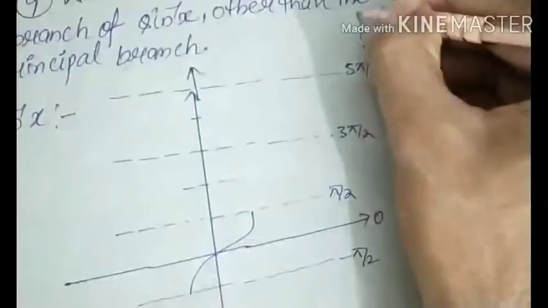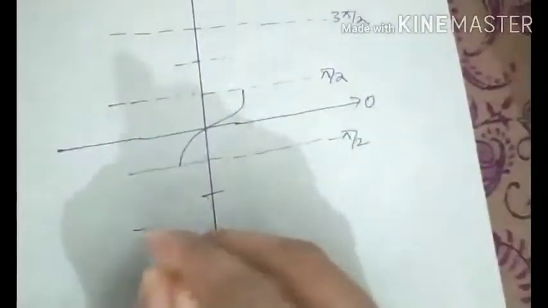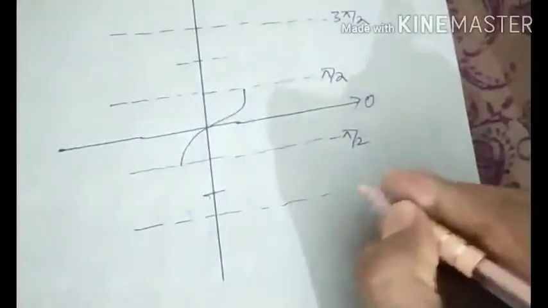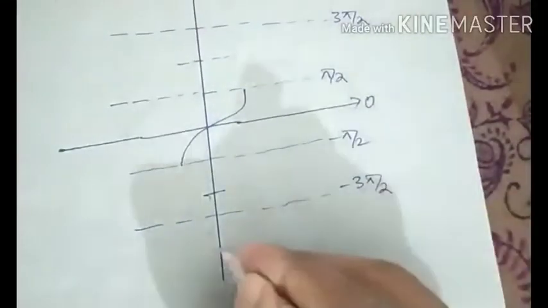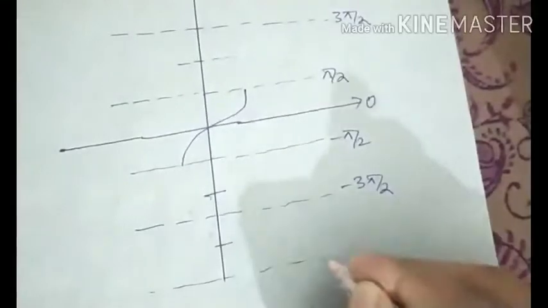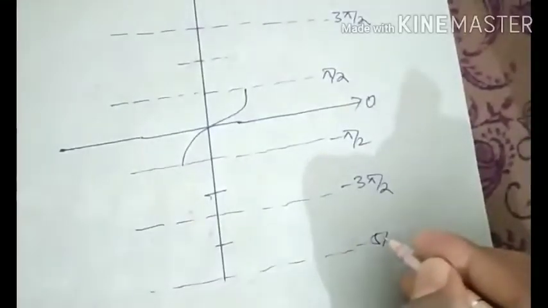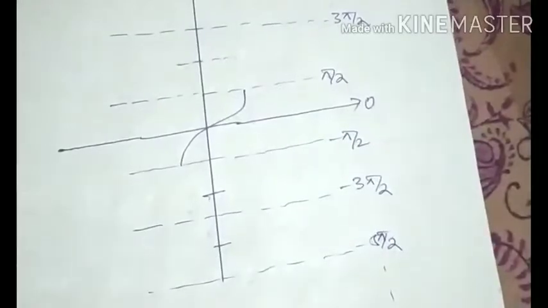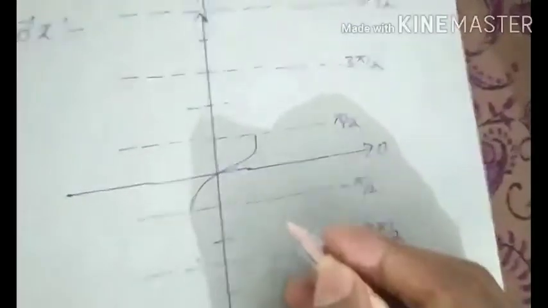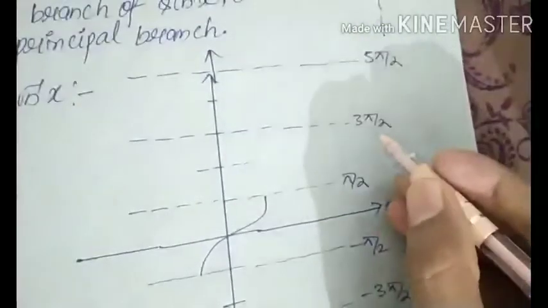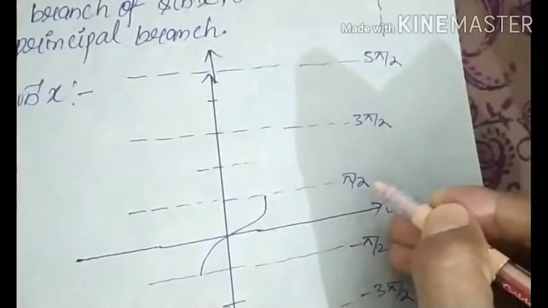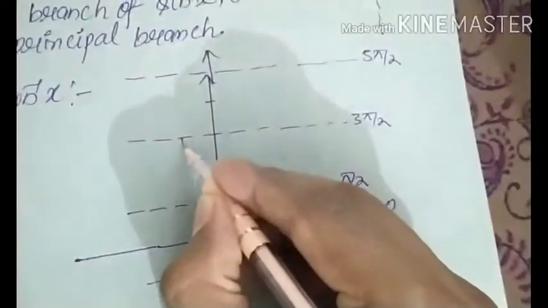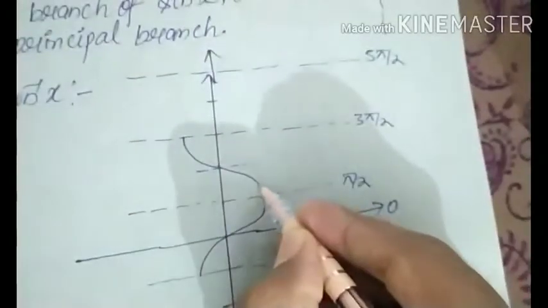And this is minus pi by 2, here is minus 3 pi by 2, and this is minus 5 pi by 2, and so on. We can sketch other graphs. The graph of sine inverse x in between pi by 2 to 3 pi by 2 looks like this.